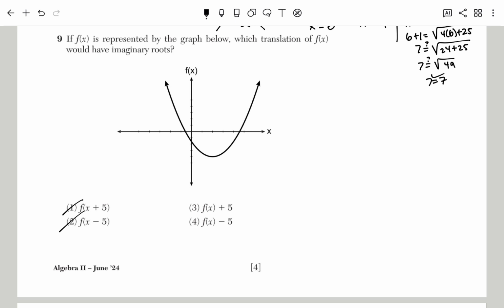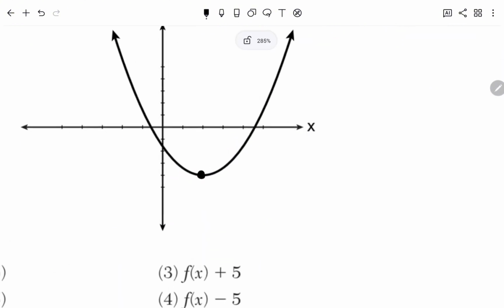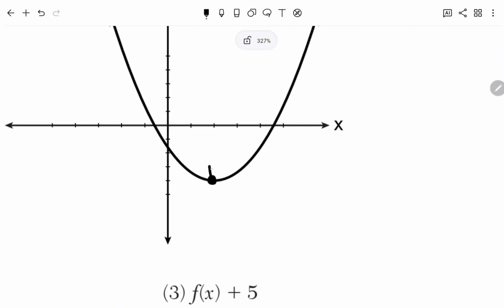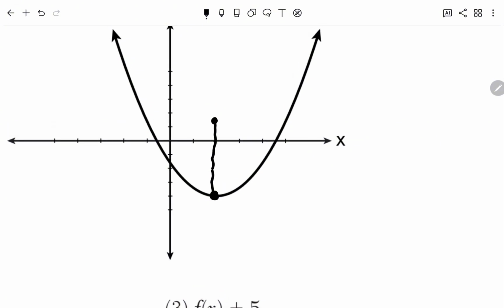3 says that I'm going to move f of x up 5 units. So if I have my vertex right here, and I'm going to move it up 5. So I'm going to go up 1, 2, 3, 4, 5. And my vertex is going to end up here.